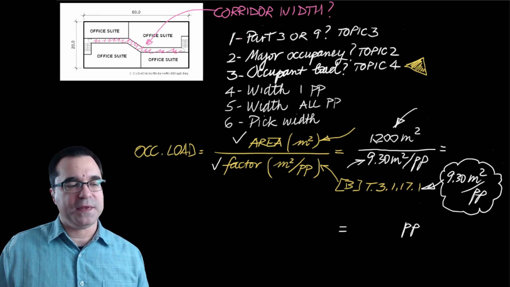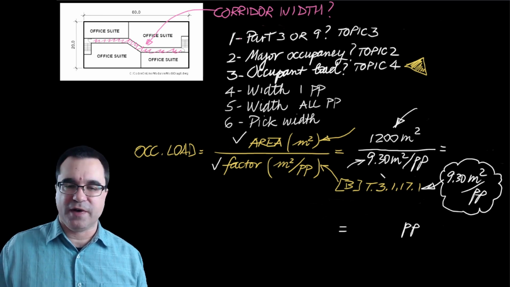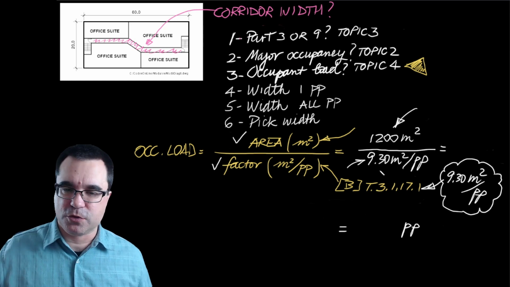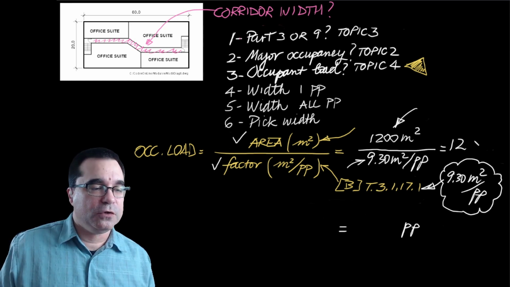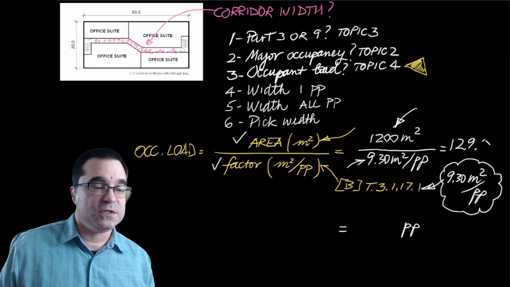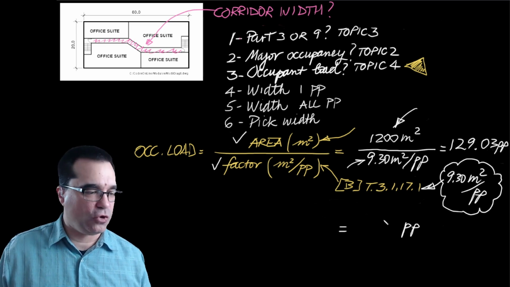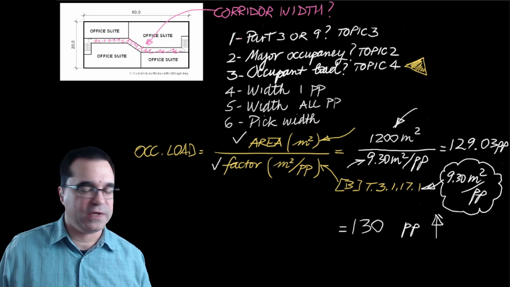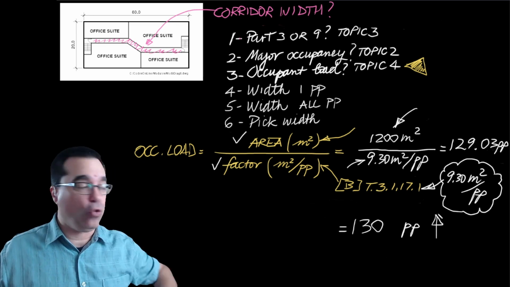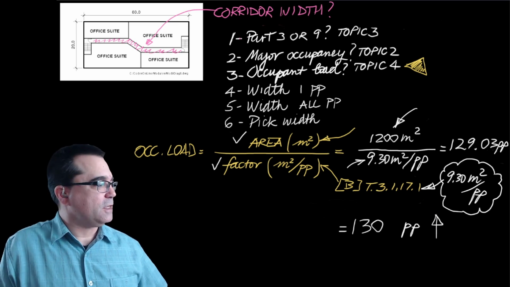So if we do 1,200 meters squared divided by 9.3 meters squared per person, we get 129.03 people. And because human beings are whole numbers, that means we have to round up to 130. Again, don't forget you round up because people are whole numbers. Awesome. We're ready to move on to step number 4.